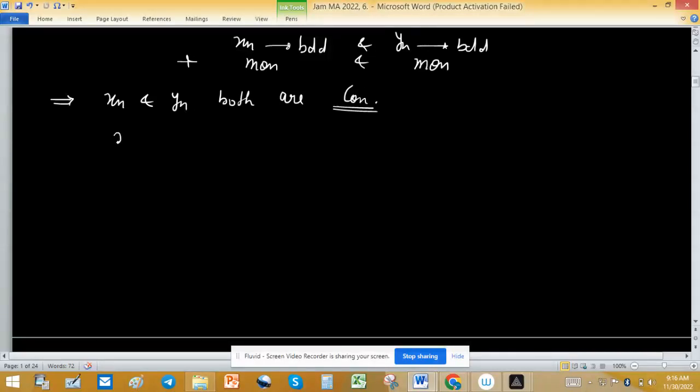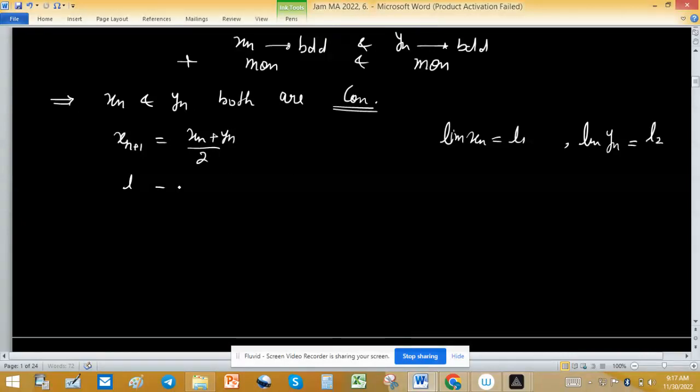As x_{n+1} equals (x_n + y_n) divided by 2, suppose the limit of x_n equals L1, and the limit of y_n equals L2. From this, L1 equals (L1 + L2) divided by 2.